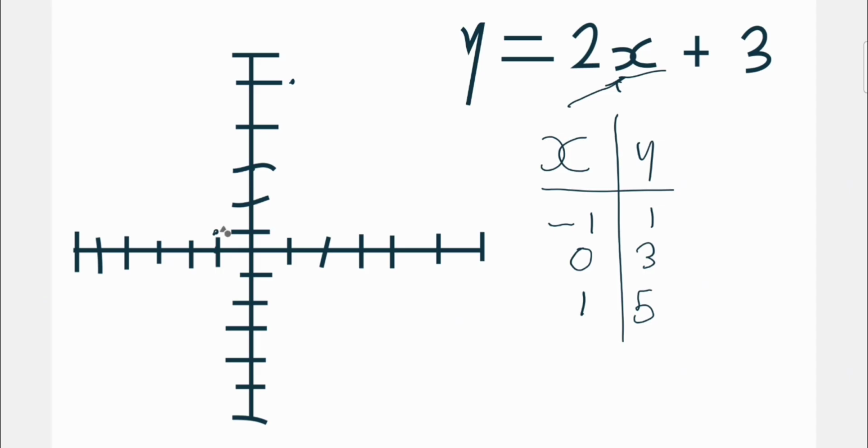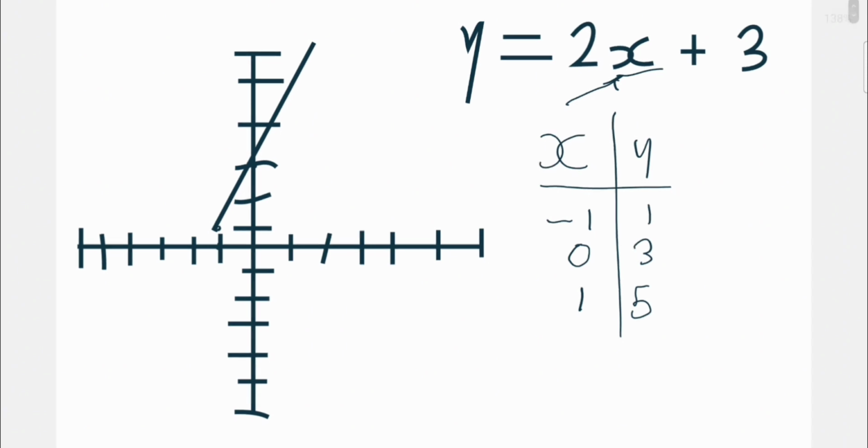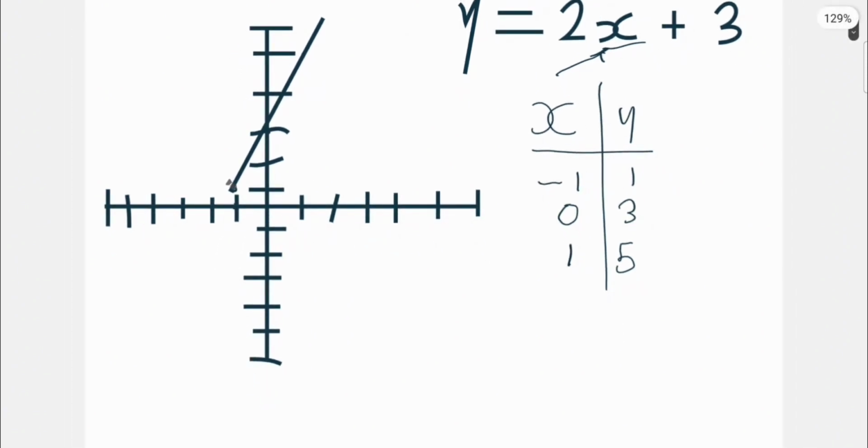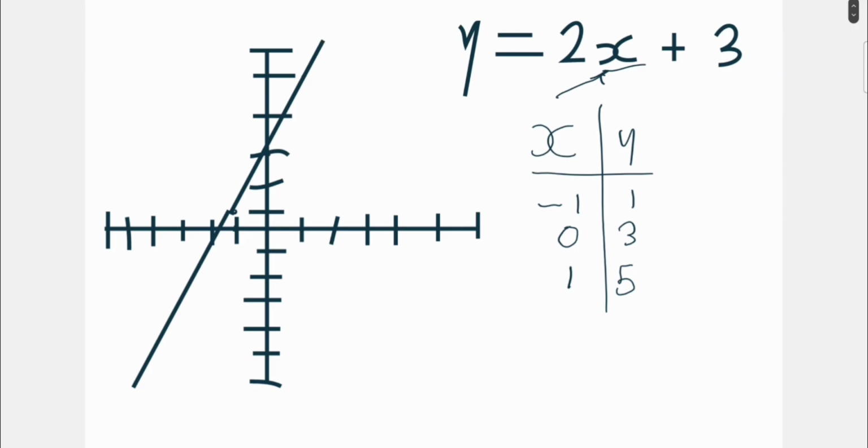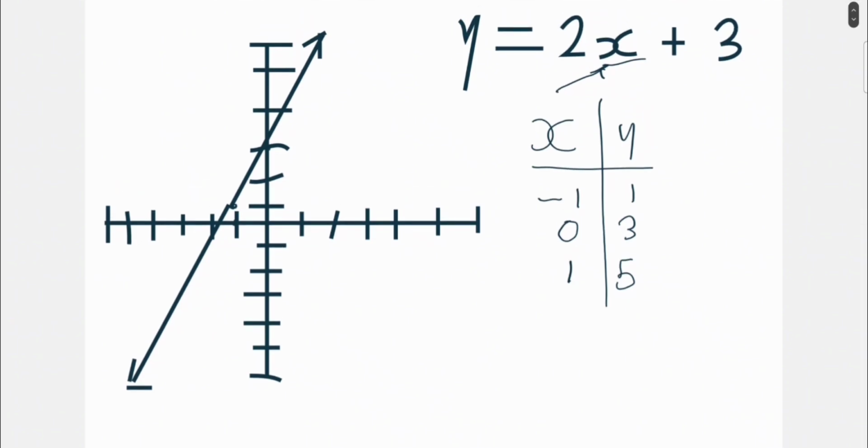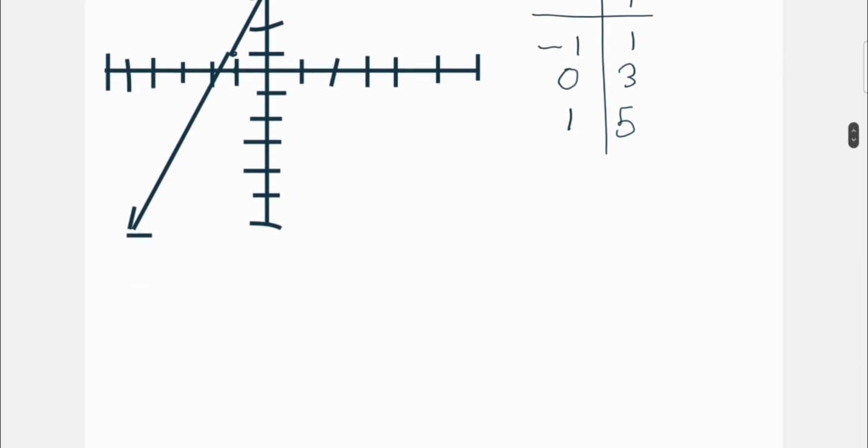So our line is going to look something like this. And then it can stretch on for infinity. So we can elongate this if we wanted to. And this is our line. This is the slope of our line, y equals 2x plus 3.